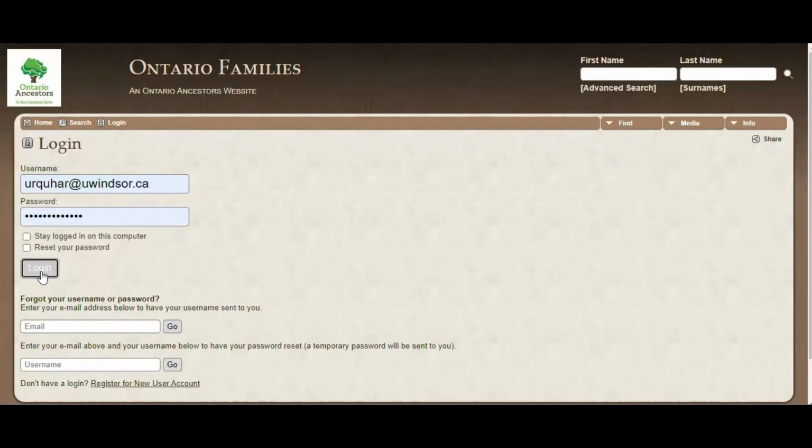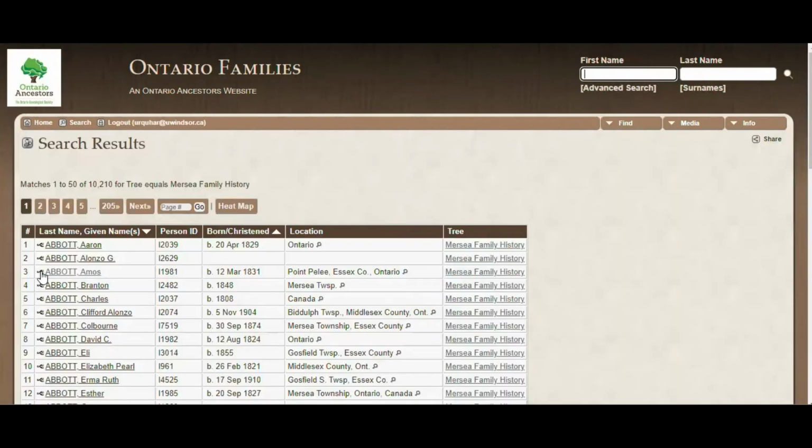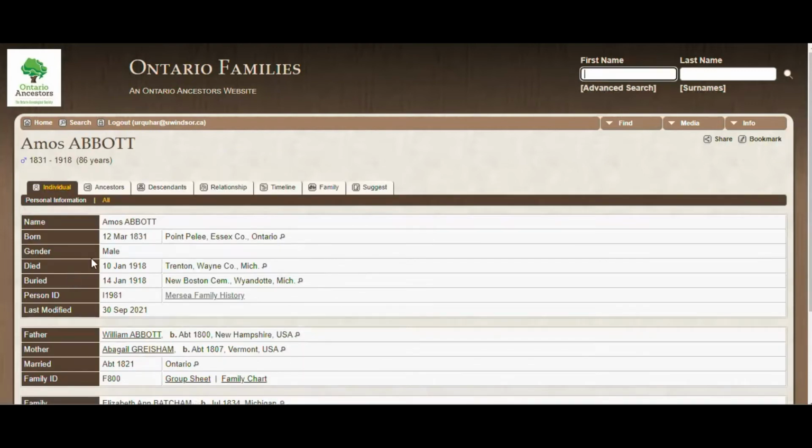When you log into that account, it takes you to Mr. Setterington's information. For example, if you wanted to look at one of these, there's an Amos Abbott, and it shows information that George has researched about him.